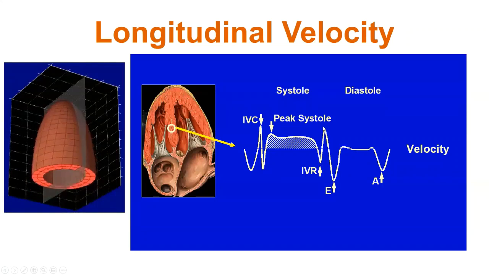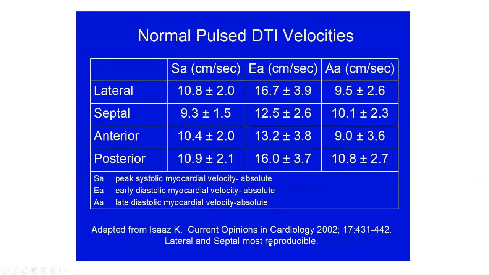Then you have a down and up signal that comprises isovolumic relaxation, and then an early and a late velocity movement of the annulus. So just keep in mind this general morphology of tissue Doppler. The first up and down signal is isovolumic contraction. The last up and down is isovolumic relaxation.